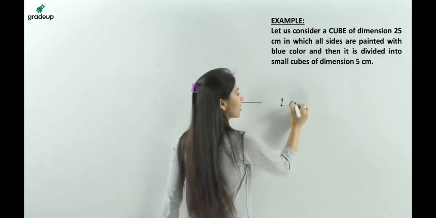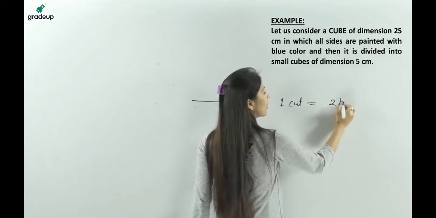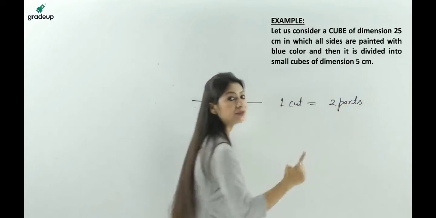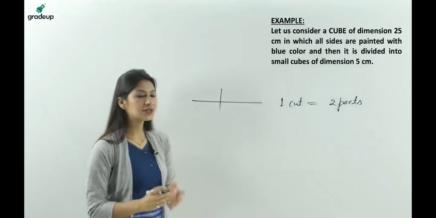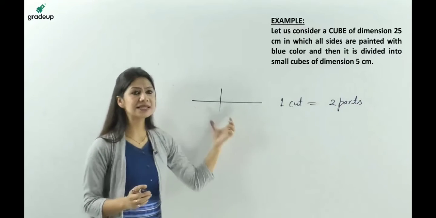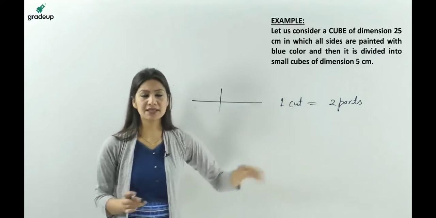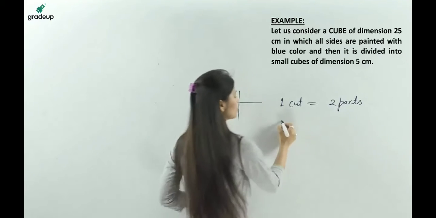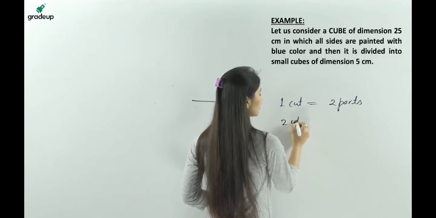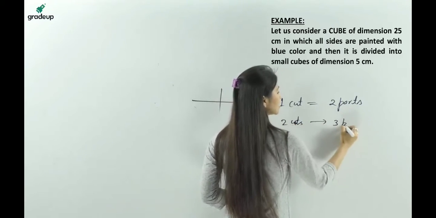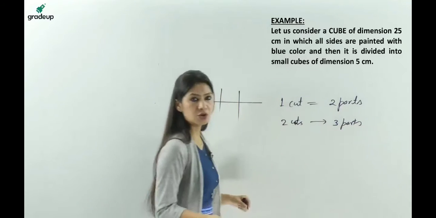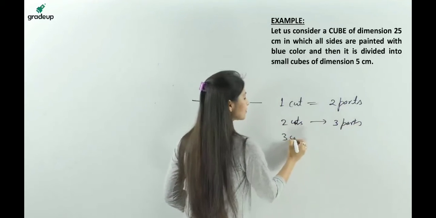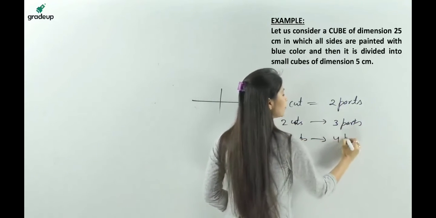So one cut gives two parts. Let's suppose I ask you to convert this line into 3 equal parts. The number of cuts required is obviously 2, right? So 2 cuts are required to convert it into 3 parts. Similarly, 3 cuts will be required to convert it into 4 parts.